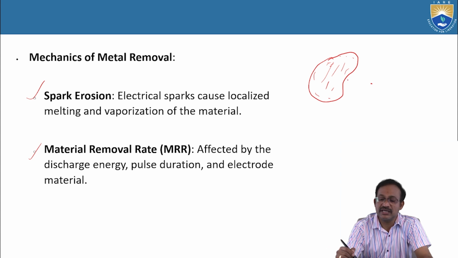There should not be any heat affected zone or any stresses while we are machining at this boundary. Material removal rate is affected by the discharge energy, pulse duration, and electrode material.